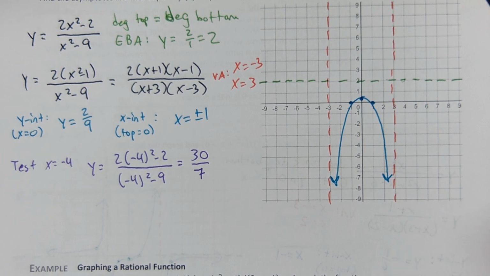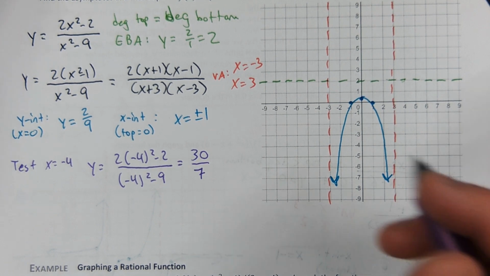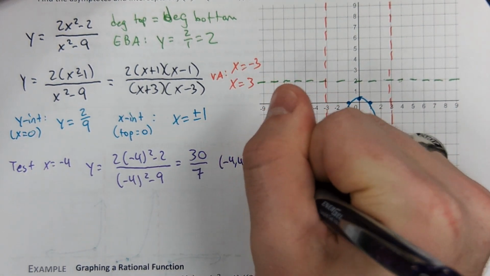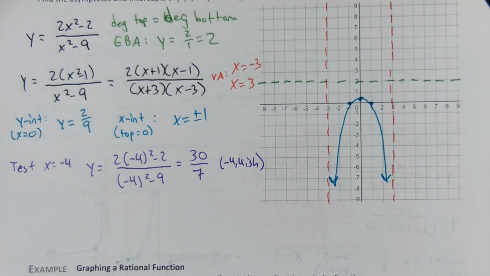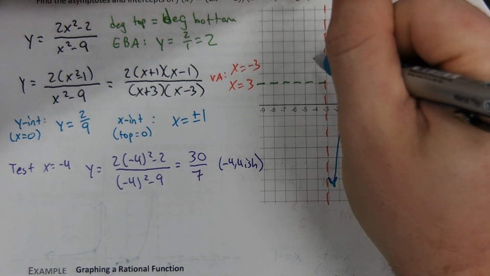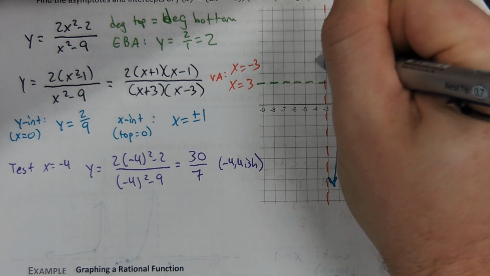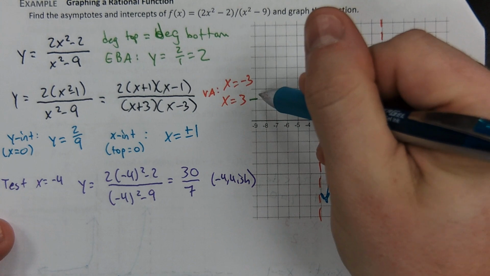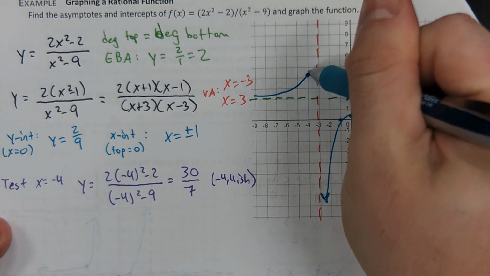Because 7 times 4 is 28, right? So that gives us the coordinate -4, 4-ish. So that's up here. And we know that my graph does this then.